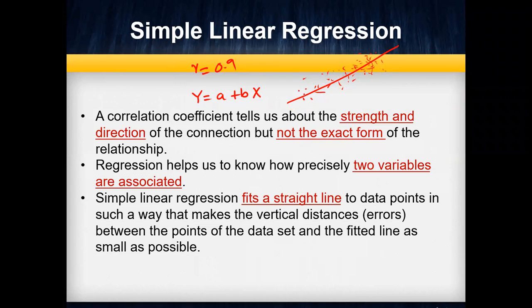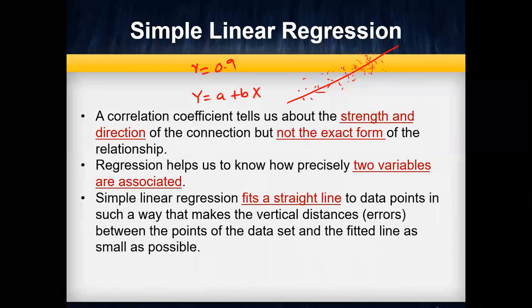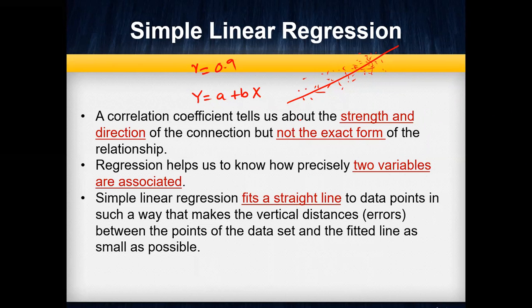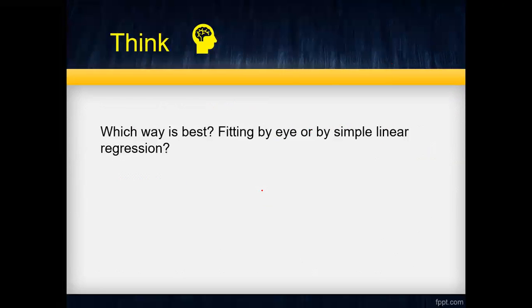The best line, which passes in the best manner, is the regression line. The regression line minimizes the error. The error means the distance between the point and the line. That's why it is called the best fitted line. So which way is the best, fitting by eyes or fitting by the regression line?